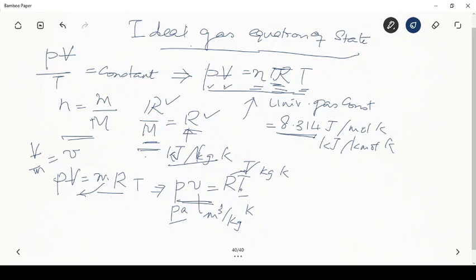So here you get newton meter per kg, and so that is joules per kg. And R is joules per kg Kelvin into Kelvin, which is joules per kg. So the equation is consistent in units.